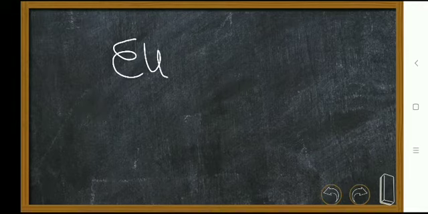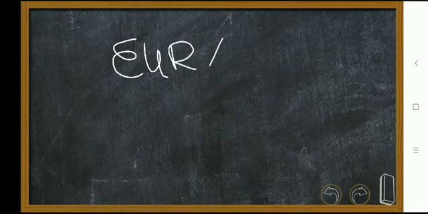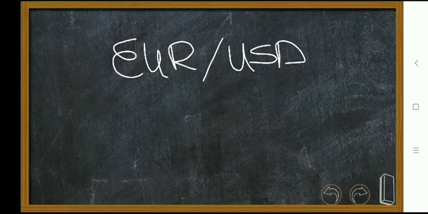Let's start with a recap. We said we have a base and a quote in a currency pair, right? And remember, this is forex. It's part of the market, the online market. Remember, a market is where people gather with the intention of buying or selling goods.